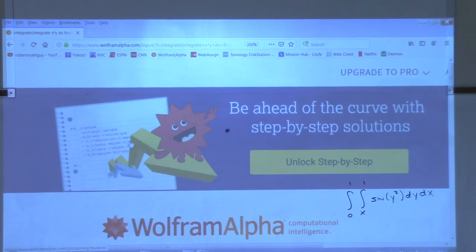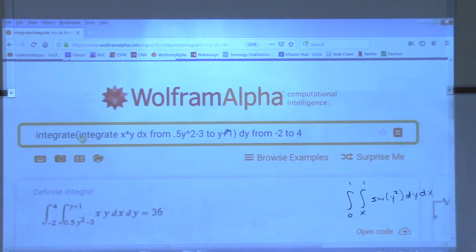So let's do the inner integral first. The inner integral, take all that off, and we're integrating sine of y squared, right? Sine of y squared, we're doing this with respect to y, and we're going from x to 1. Y'all agree?